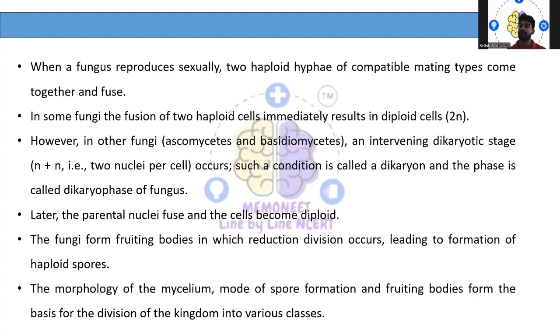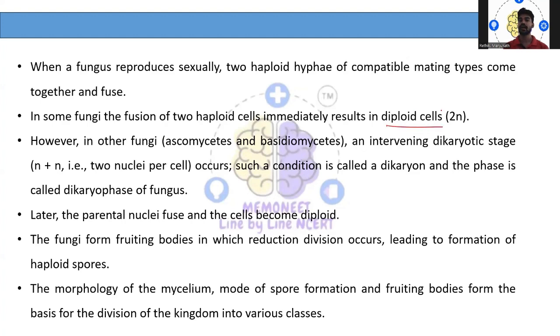When fungi reproduce sexually, as I told, two haploid hyphae of compatible mating type come and fuse together. Okay, this is one point. In some fungi, the fusion of two haploid cells immediately results in diploid cells.